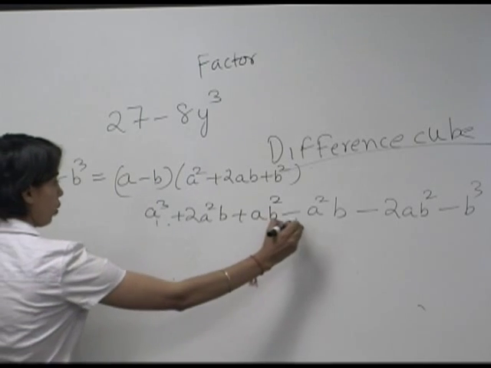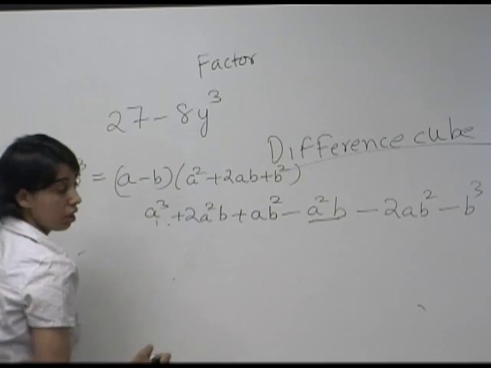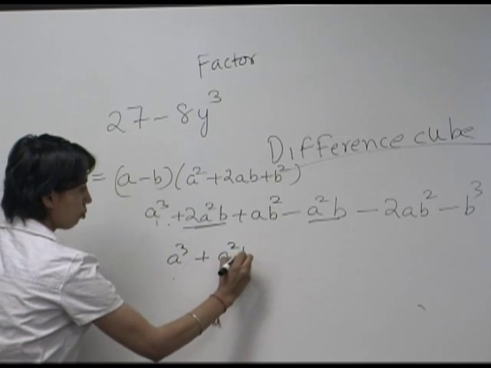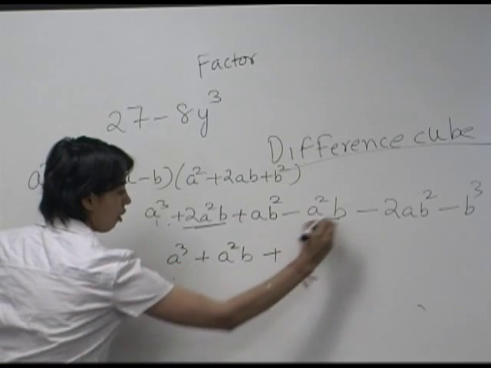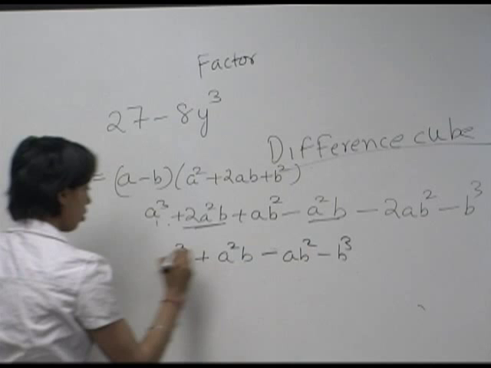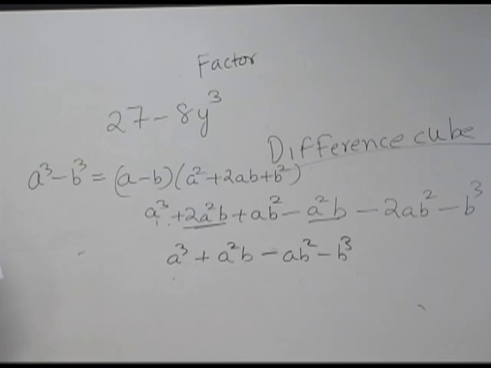I have a squared b and I have 2a squared b, so I'm left with a squared b. Here I'm left with negative ab squared minus b cube. It's not equal to the left hand side. There's something wrong in the formula.